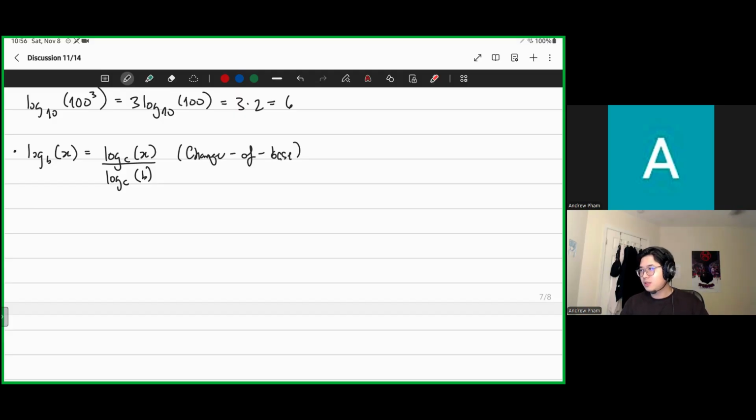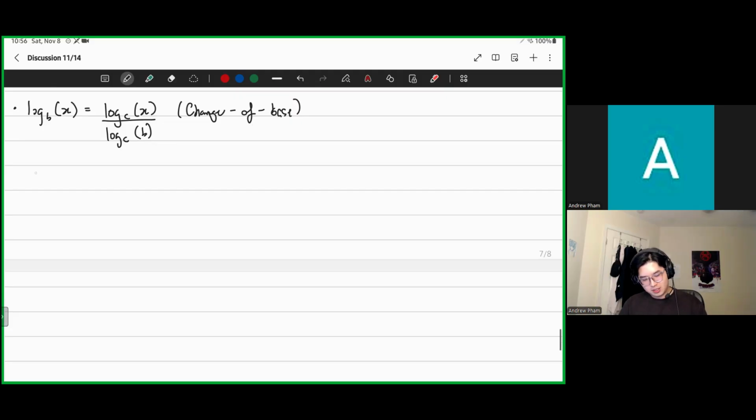Okay, so for example, I can write log base 2 of 7 in terms of log base 10. If I can't really find log base 2 on my calculator, TI-30, but I do have log base 10 on my calculator, I have the button for log base 10.